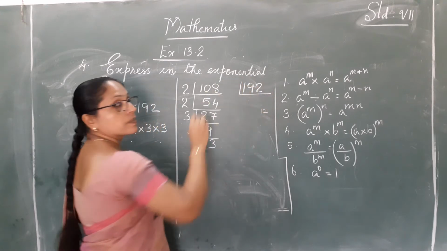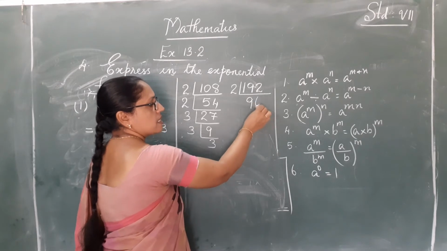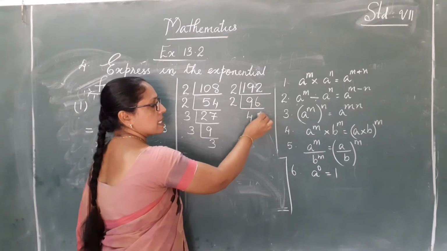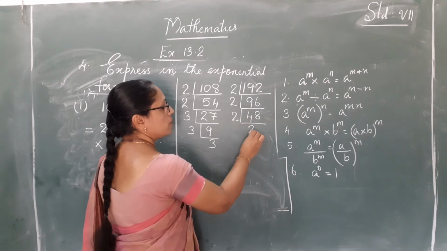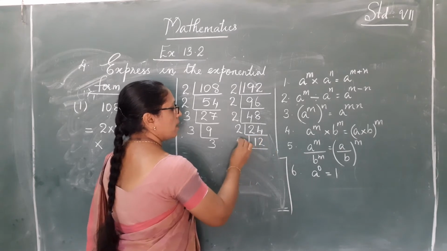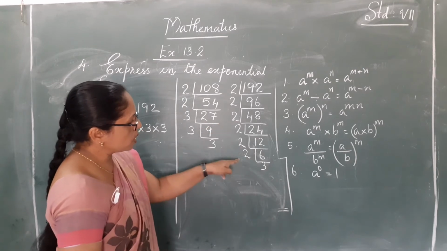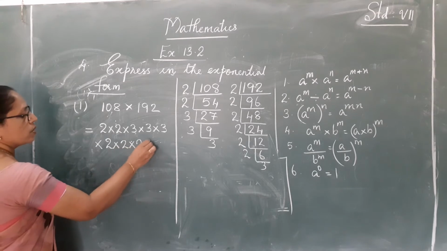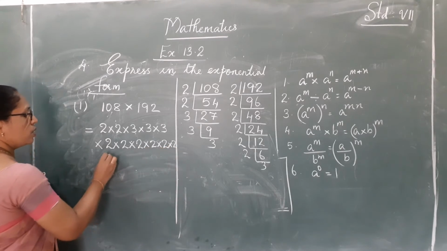192. 2 table: 96, 48, 24, 12, 6, 3. So six 2s and one 3, that is 2 into 2 into 2 into 2 into 2 into 2 into 3.